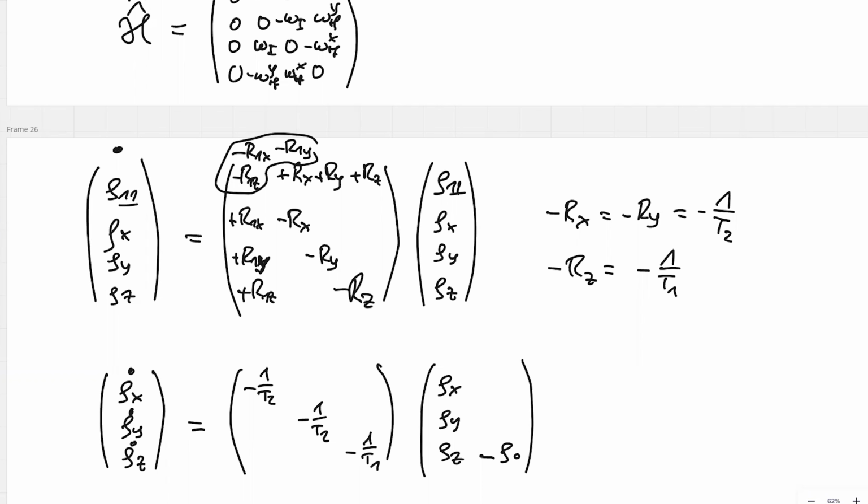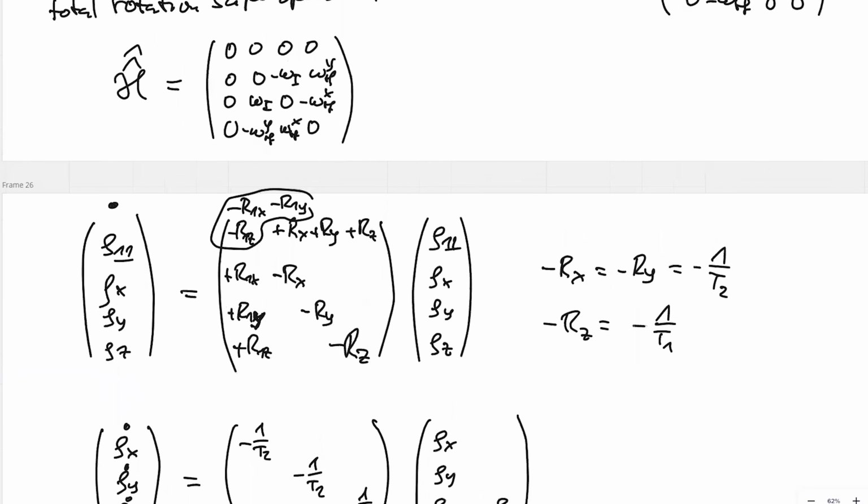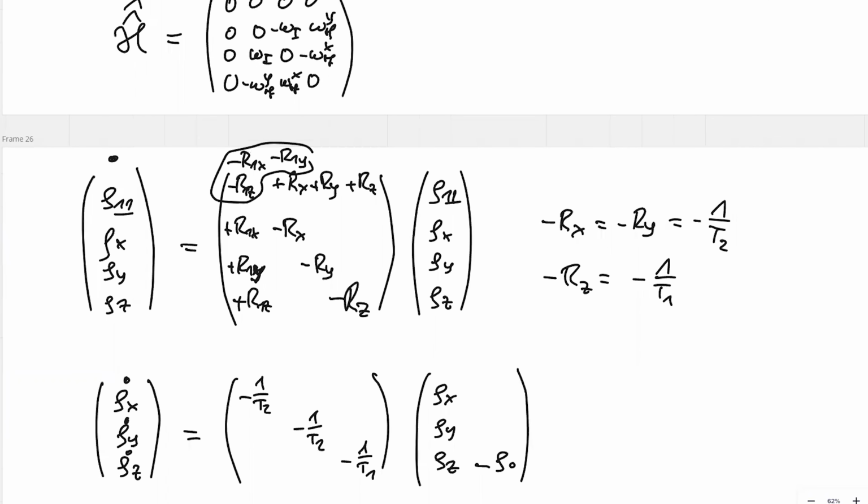Yeah, so we have this, and now we should, of course, include also the rotation into the matrix. And we can do that easily by simply copying. So that's minus omega I, omega RF y, minus omega RF y, omega I, minus omega RF y, and omega RF x. So this was an x, sorry. And now some of you at least should recognize this equation, what we have written here.